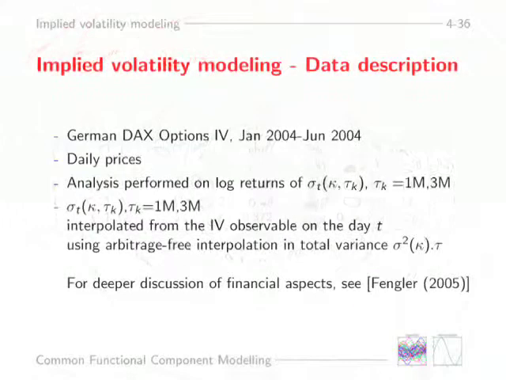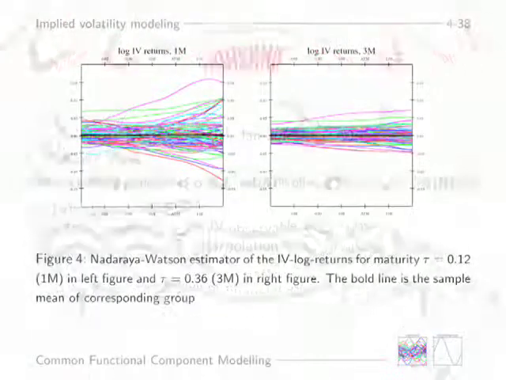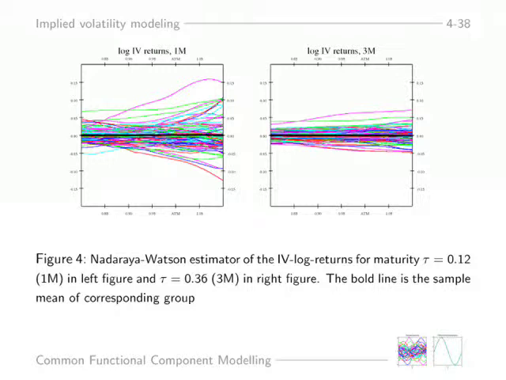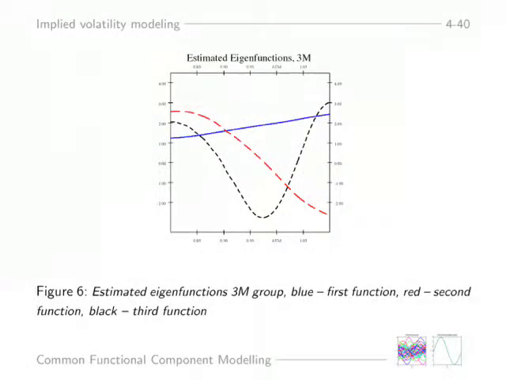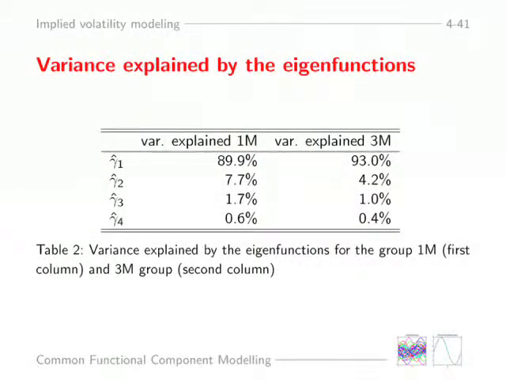Okay, and further, last thing about implied volatility modeling. Here you see again these log returns, and for example these different eigenfunctions in this case, which look quite similar. And for example, you see results of our test. This is just the variance explained.